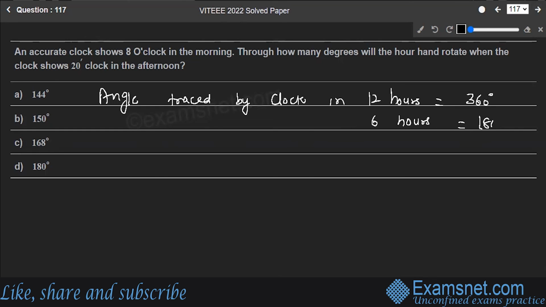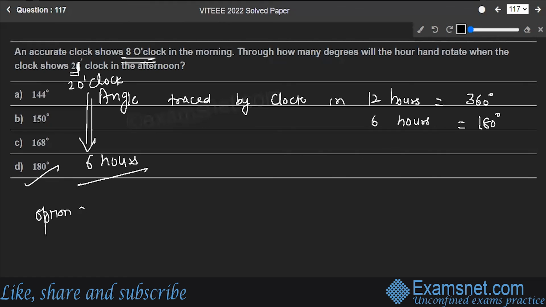So the angle traced in 6 hours will be 180 degrees. Simple as that. This is not 20 minutes, this is 2 o'clock. So how many hours have passed between 8 o'clock and 2 o'clock? It is 6 hours. So the answer to the question is option D. Hope you understood.